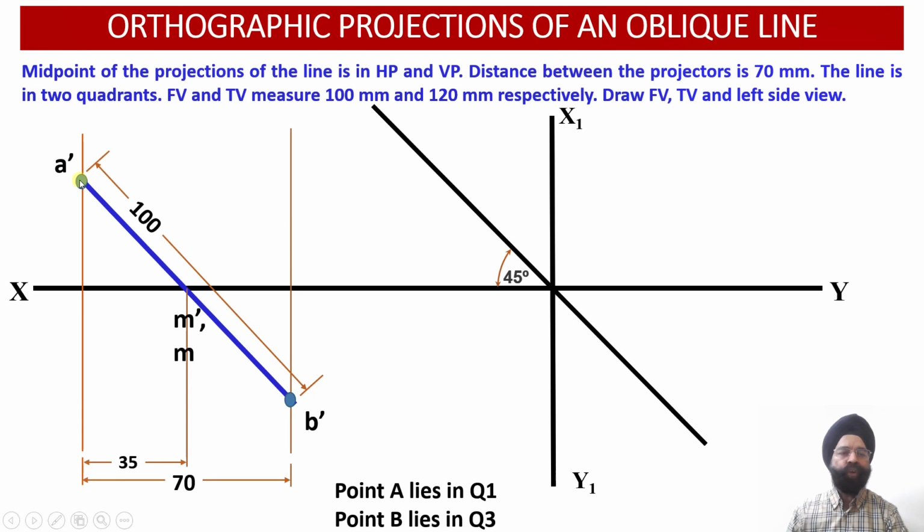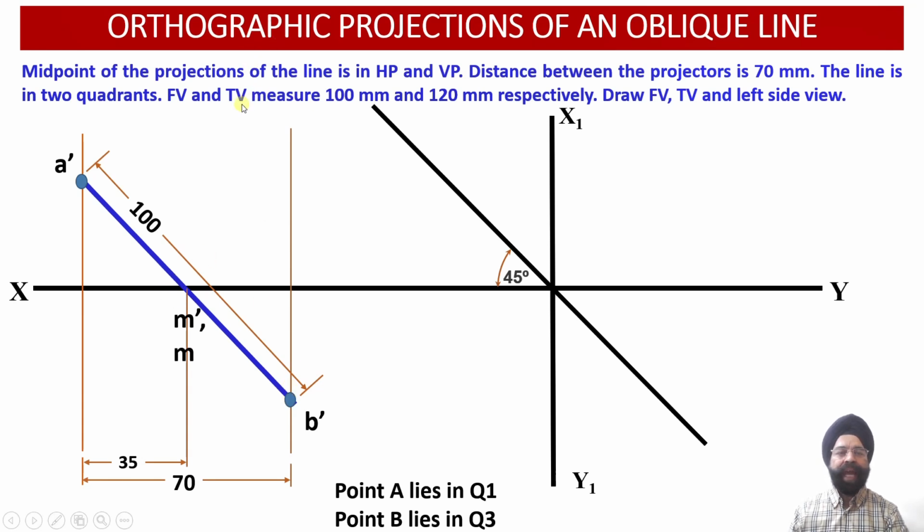So we have been able to obtain A'B' front view projection in such a way that the distance between the end projectors of the line happens to be 70 millimeter, and the midpoint of this front view projection A'B', that is point M', passes through the XY reference line, that is, it passes through the horizontal plane. So this way the front view projection measuring 100 millimeter has been obtained in the orthographic projections over here.